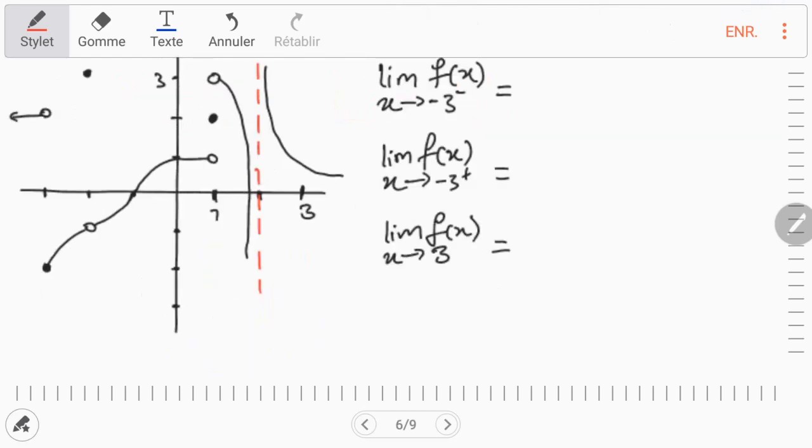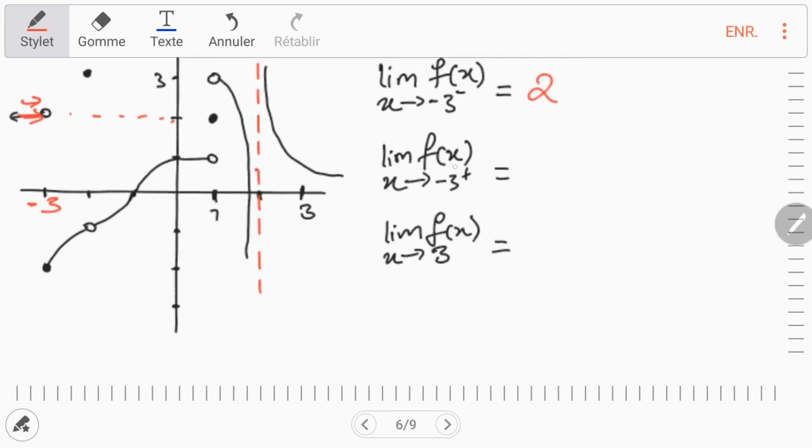Here is solving limits graphically. You are asked to find the limit of f of x as x approaches minus 3 from the left side. Looking at the function to the left, you obtain 2.